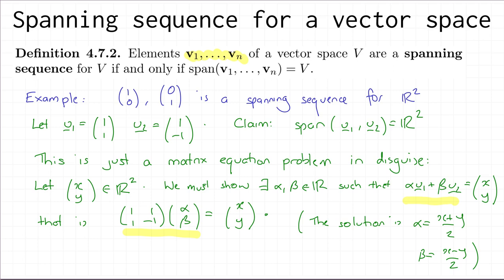But if you had a more complicated example, where it wasn't at all obvious whether it was possible to write every vector as a linear combination of certain other vectors, then you could write it as a matrix equation like we did here, and then solve it using the row-reduced echelon form techniques for solving systems of linear equations.